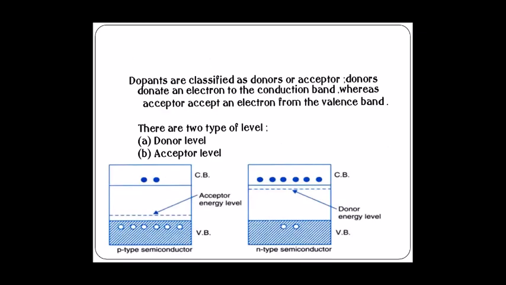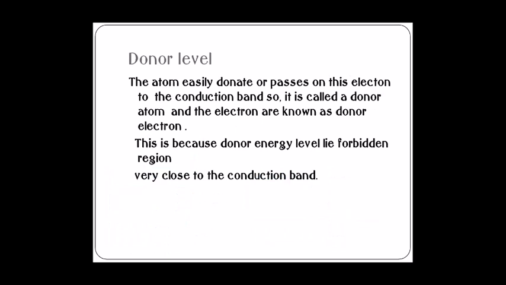In a p-type semiconductor, the acceptor level is near the valence band, and in an n-type semiconductor the donor level is near the conduction band. Donor level: the atom easily donates an electron to the conduction band, so it is called a donor atom, and this is known as a donor electron. This is because the donor energy level lies in the forbidden region, very close to the conduction band.